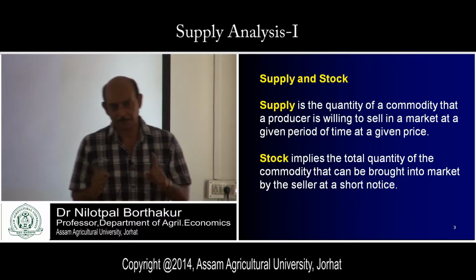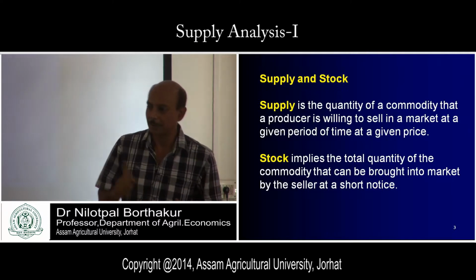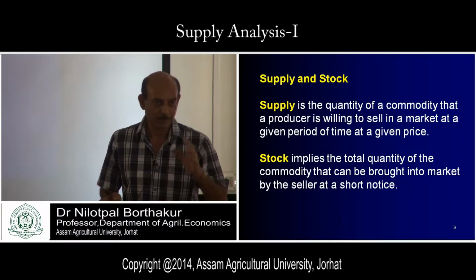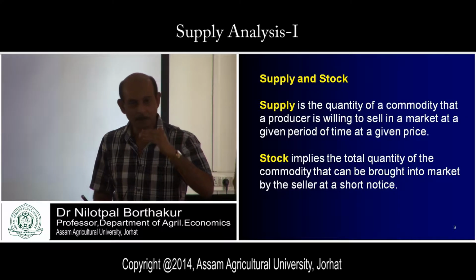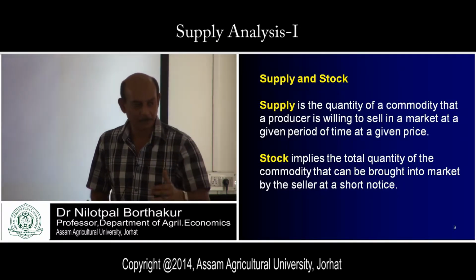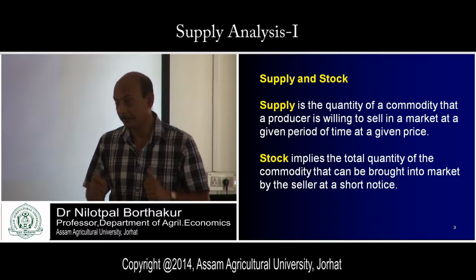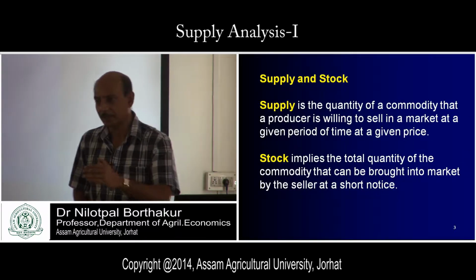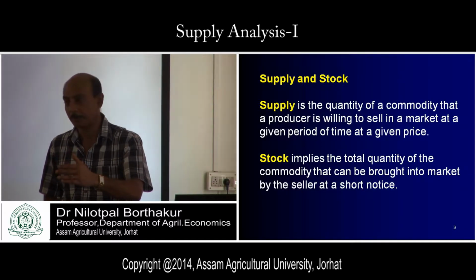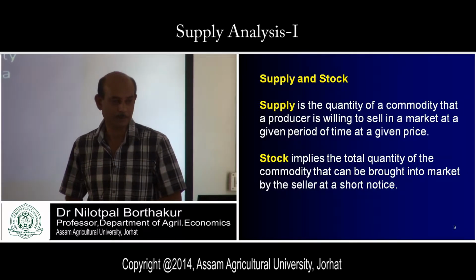So this is the difference between supply and the stock. Supply is the quantity of goods that producers are willing to sell at a certain price during a given period of time. Stock is the quantity of goods that can be brought into the market at a very short notice.